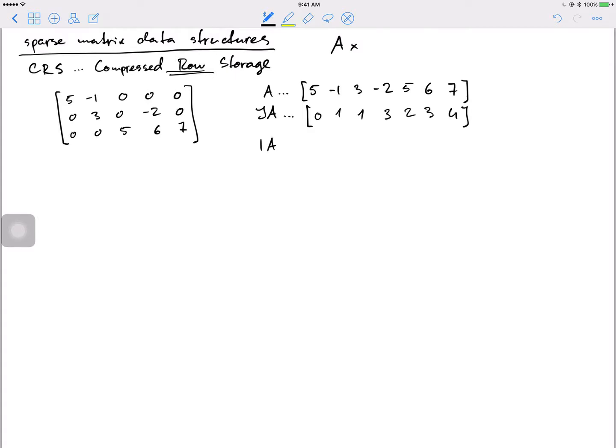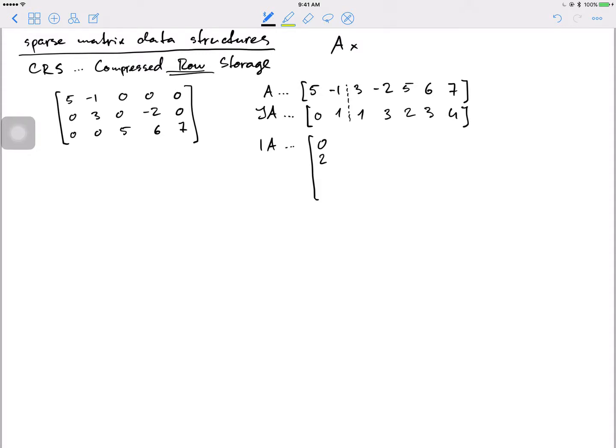And the last funny thing is the IA structure. That tells you for every row where you want to start. The first row, you start at 0, because that's where the matrix starts. If I'm looking up the second row, then I need to skip these first two guys, so I put there 2.